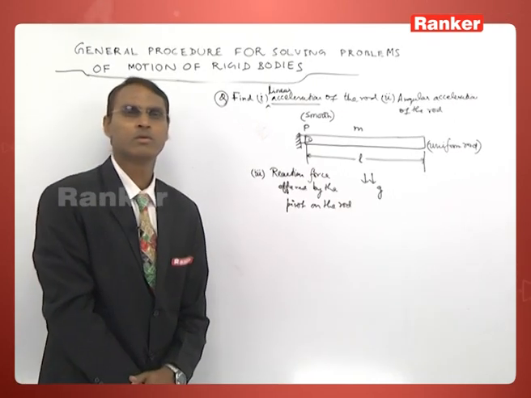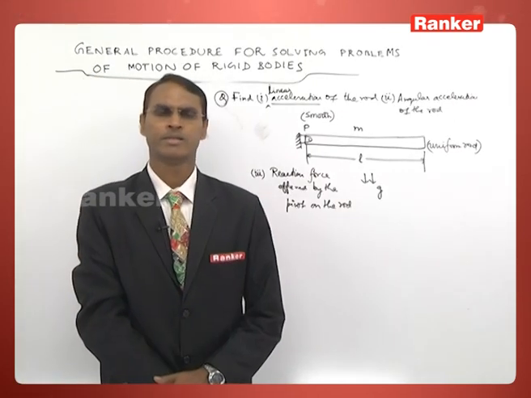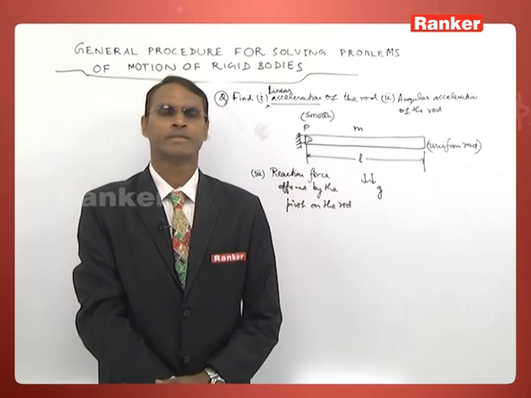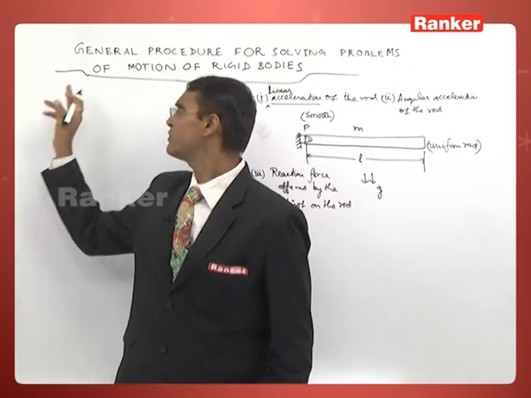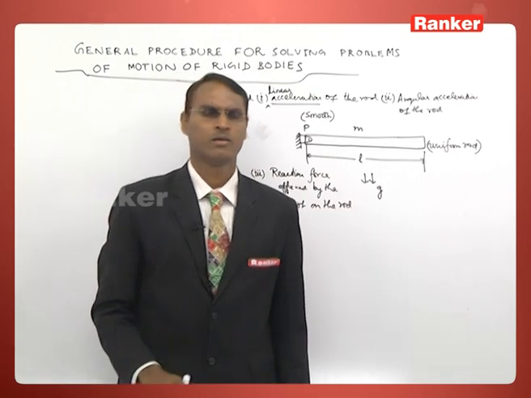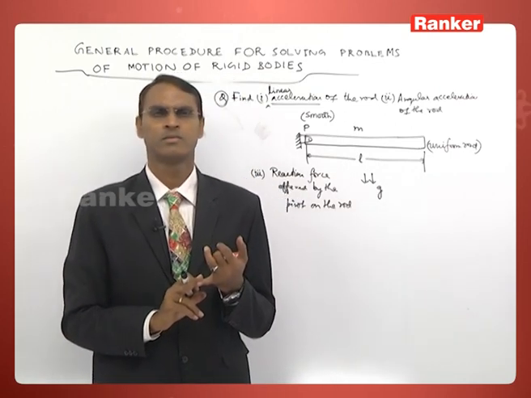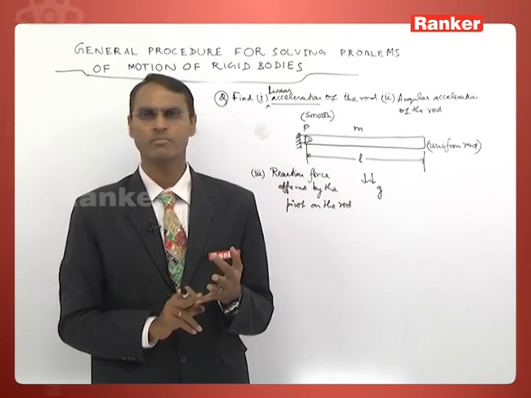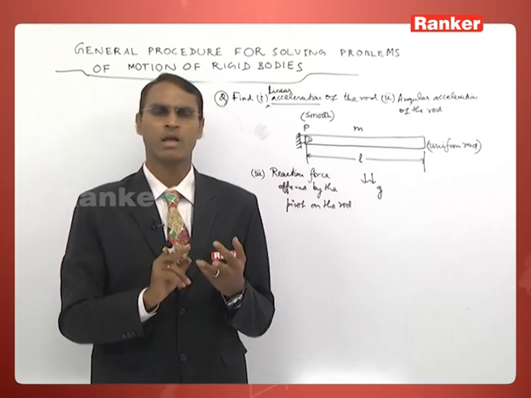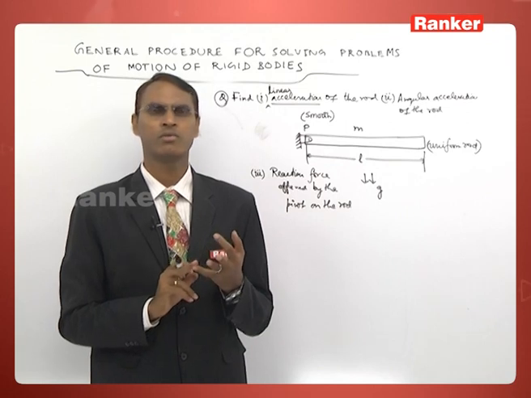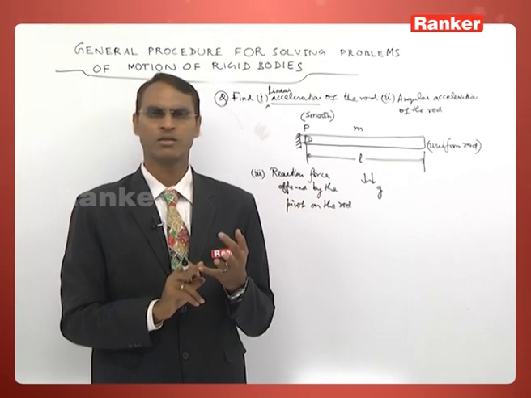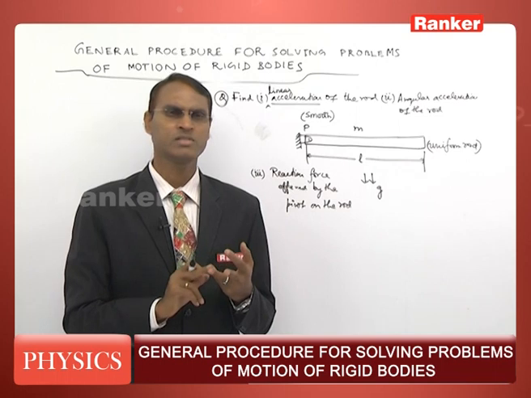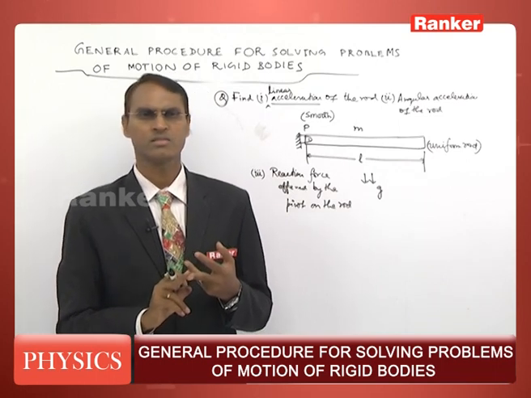So we have to follow the steps of general procedure. Step 1, draw the free body diagram by mentioning all the forces acting on the rod, the field forces, the contact forces.